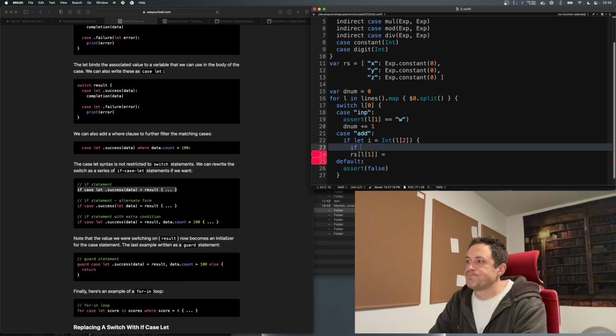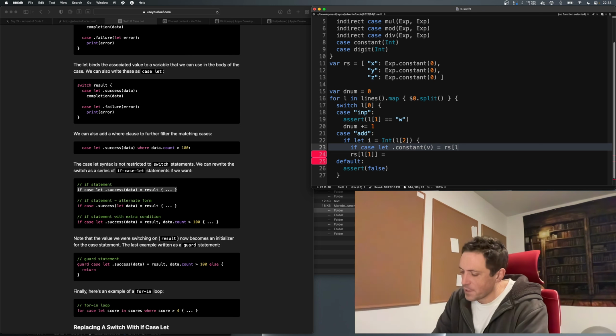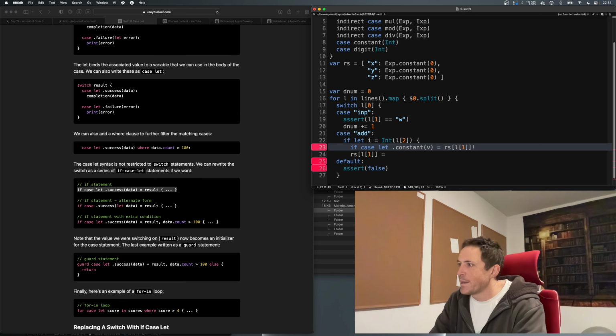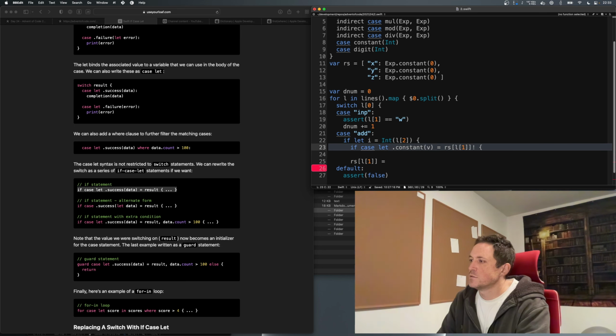If case let constant of constant v is R's L1 bang, then no old val.